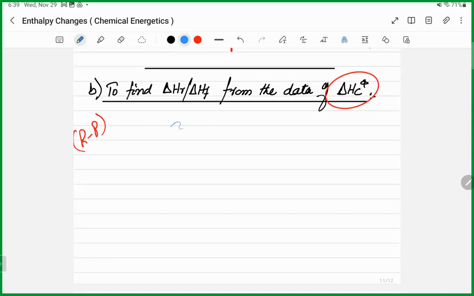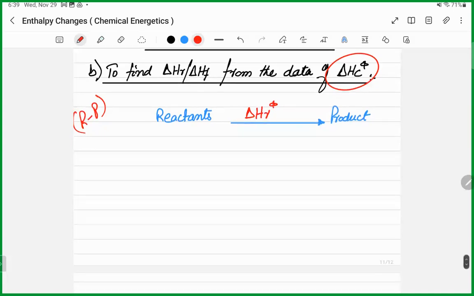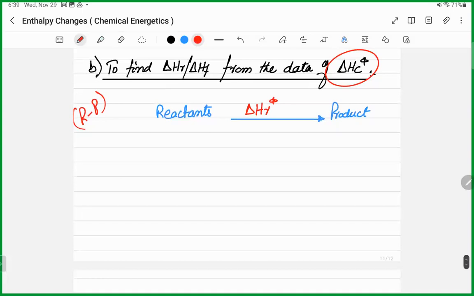Okay, let's talk about a chemical reaction. You have reactants reacting together, forming product. ठीक है, and enthalpy change involved is called delta HR, जो आपके फाइंड आउट करनी है. पर एक बताइए, as I said, elements on the reactant side and product side are same, है ना.